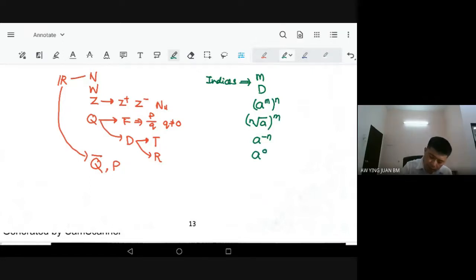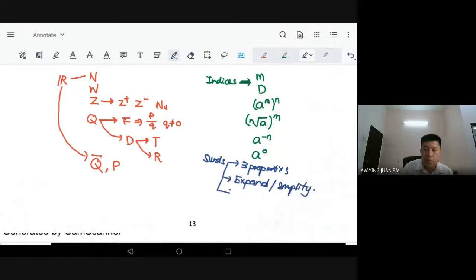After that, kita bincang tentang surd. We have 3 properties. Then we discuss about how to expand and how to simplify. Then we discuss about the conjugate for 1 element, for 2 element.